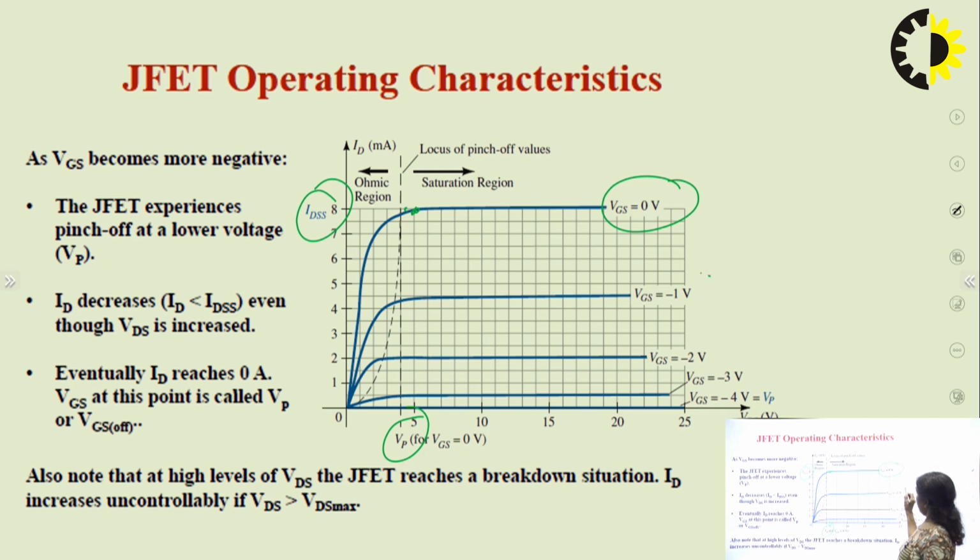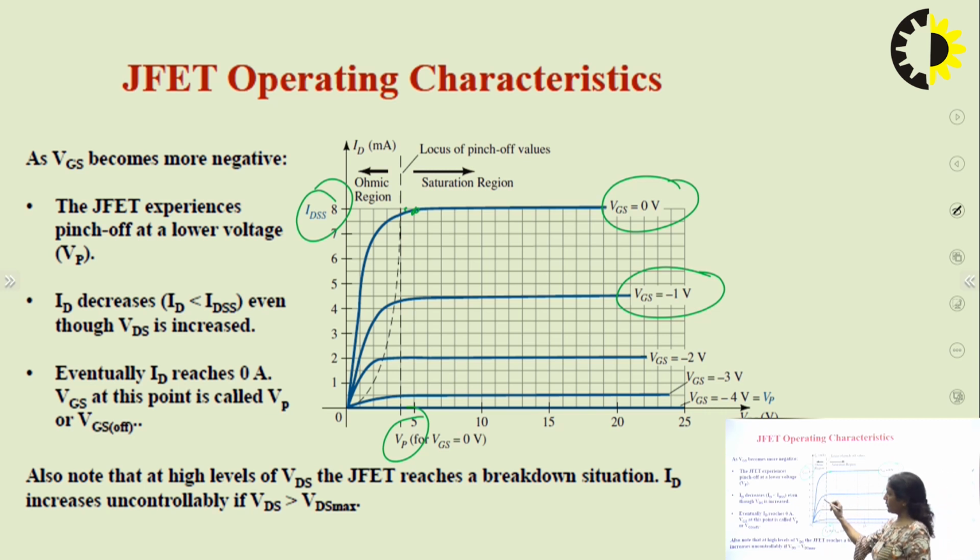Now when we apply the voltage VGS equal to -1 volt, what happens? Because the depletion region grows at a faster rate, fewer charge carriers are flowing, so the current is reducing.